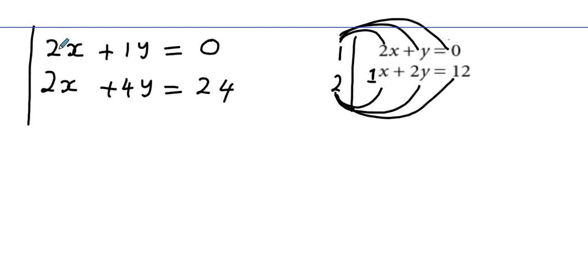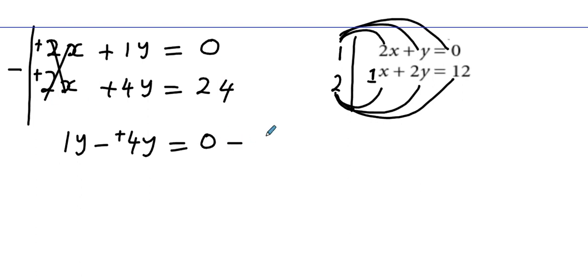See that the numbers on x are the same. How about the signs? The signs are also the same. Same signs, we subtract: 2x minus 2x is 0. Then you have 1y minus positive 4y equals 0 minus 24.